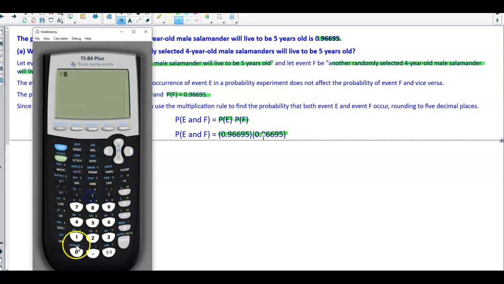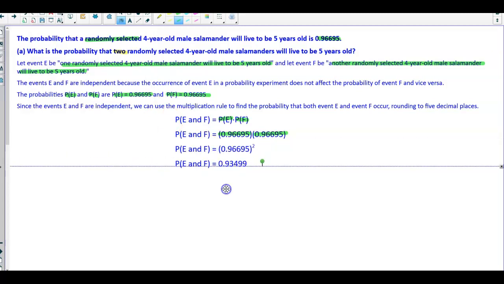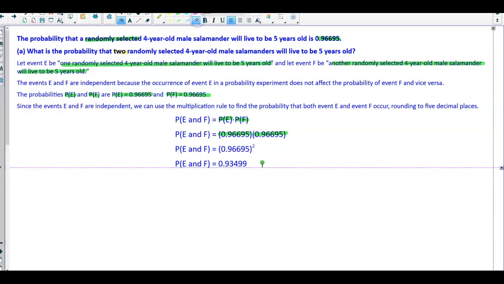So if we take 0.96695 and then multiply it by 0.96695, okay, what does that give us? We're going to round this to 5 decimal places, which is 0.93499. Now if you take a look here, that is what we get for our result.